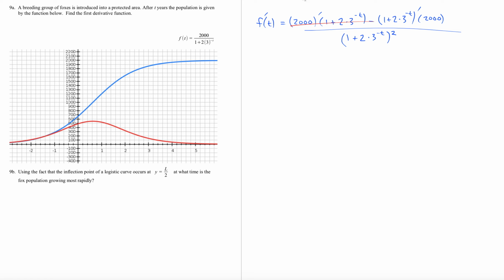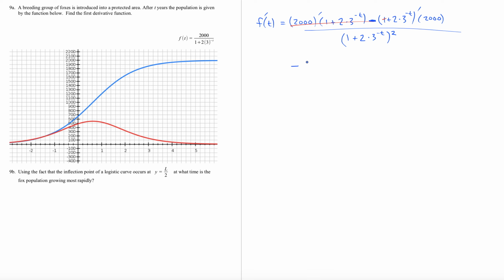This part is going to become 0, but the negative will stay. And the derivative of the 1 is going to be 0.